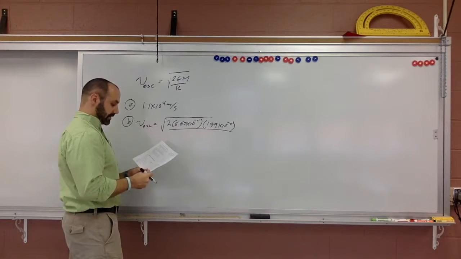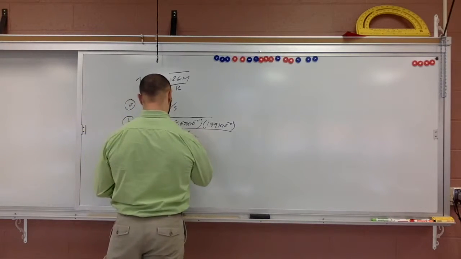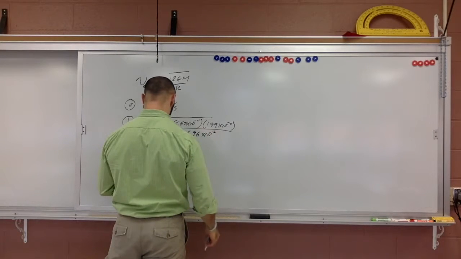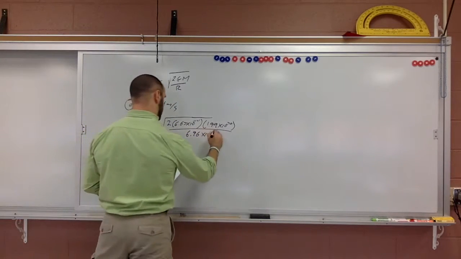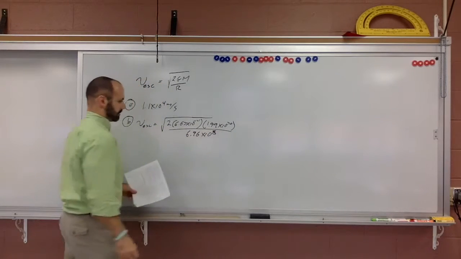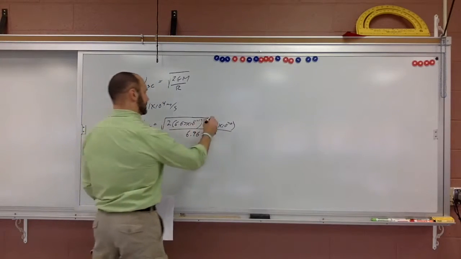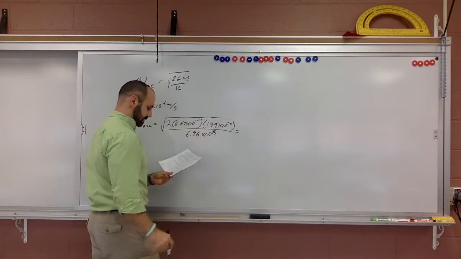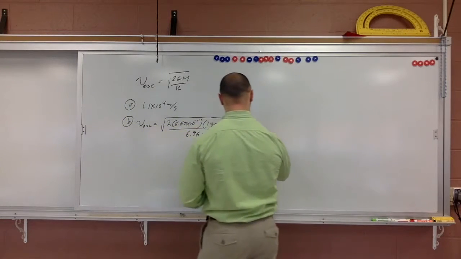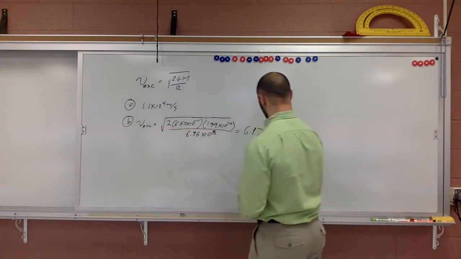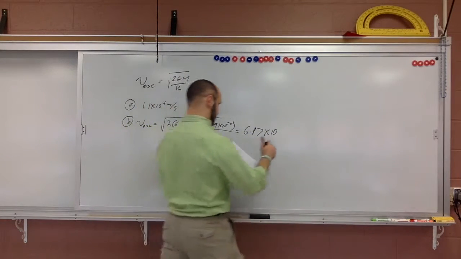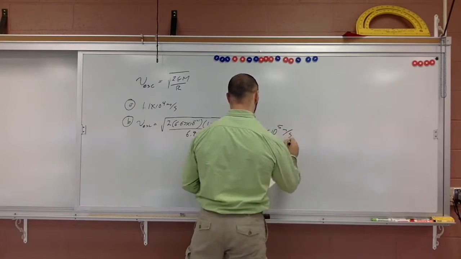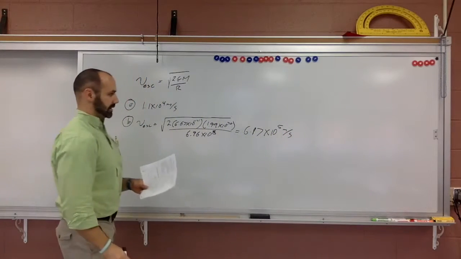And then the radius of the Sun is 6.96 times 10 to the 8th meters. And when you do that, it comes out to about 6.17 times 10 to the 5th meters per second.